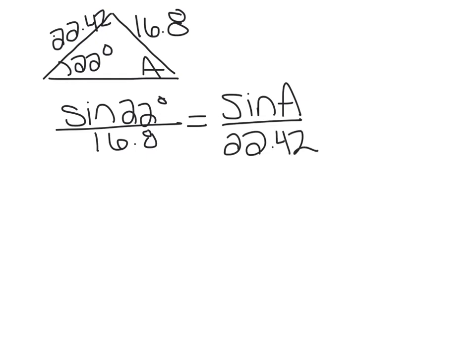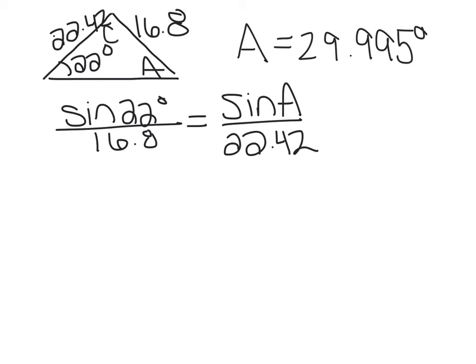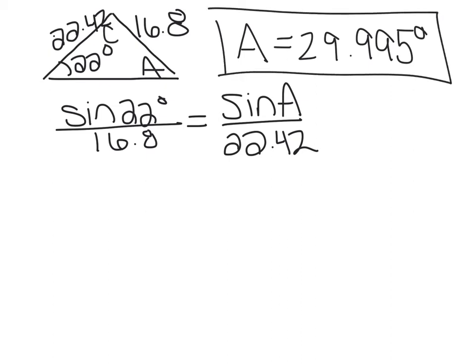Again, we cross multiply and make sure that we get an answer in degrees, not in radians. When you multiply this in the calculator, arc sine your answer, and then multiply by 180 over pi, you're going to get that angle A is equal to 29.995 degrees.